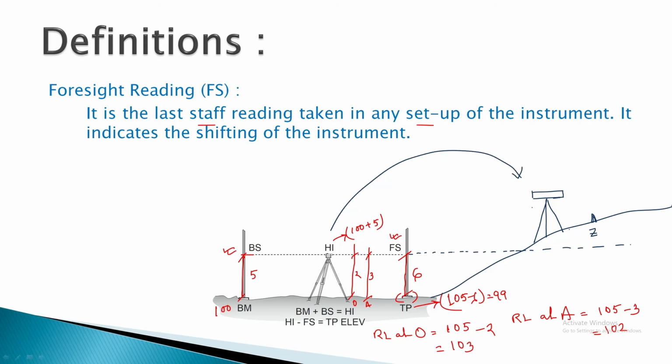Now I will take the backside reading from this new instrument station. Backside reading means we need to take the reading at a point where the RL value is already known. From the earlier instrument station I already determined the RL value of this particular point, where the last staff reading was placed. So I will take the backside reading from the same place where the foresight reading was taken, that means from this point TP.